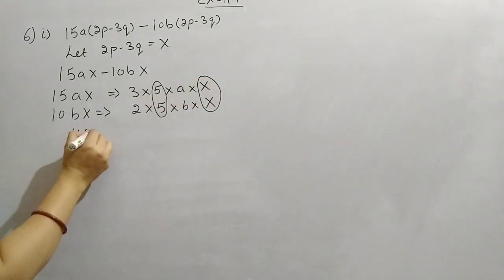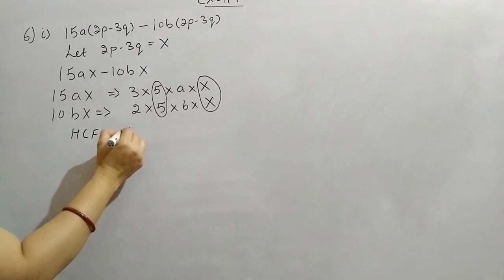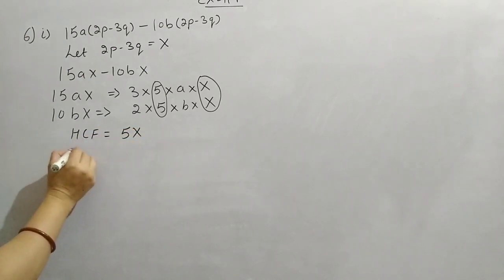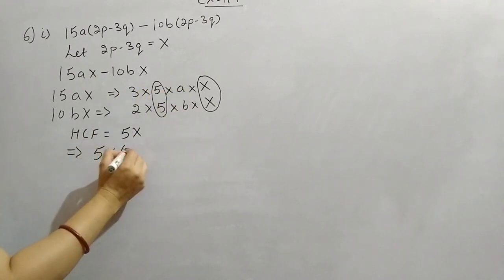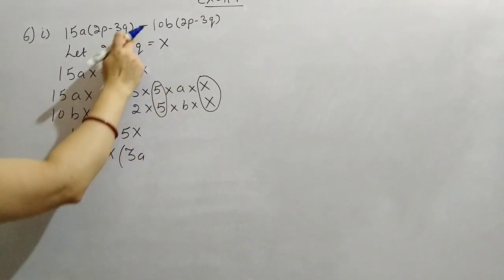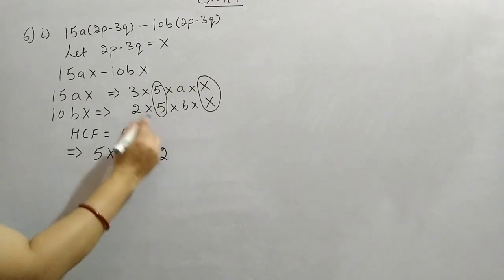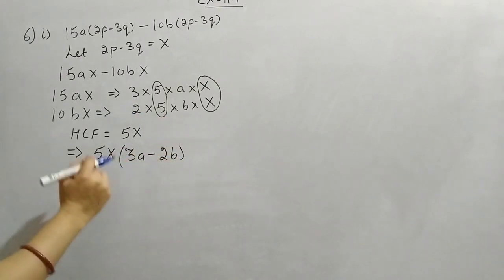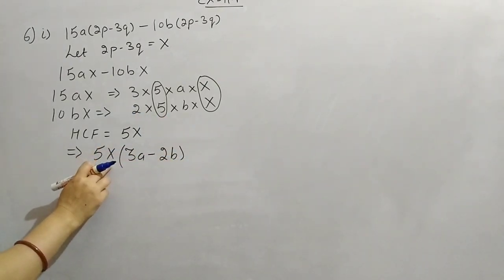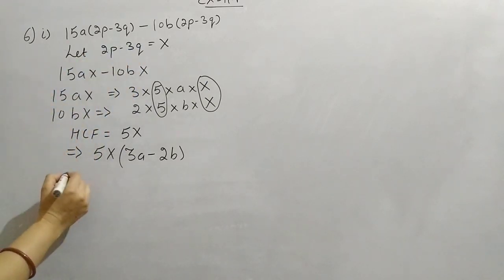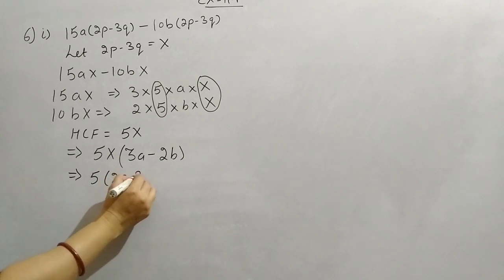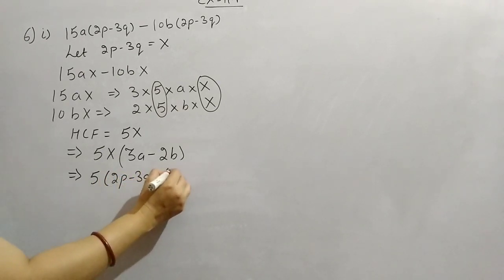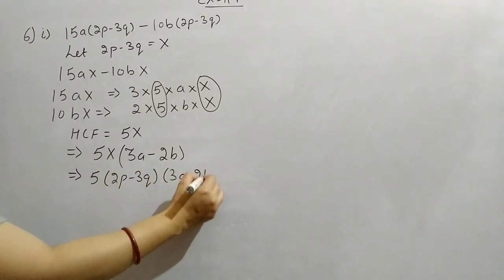So the HCF is 5x. The factors will be 5x, and in the bracket 3a minus 2b. Later, at the last, you can replace the x value. Actually x is 2p minus 3q. So 5(2p minus 3q)(3a minus 2b).